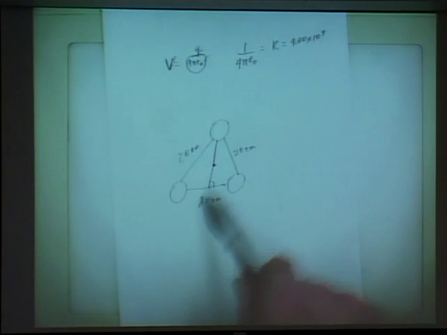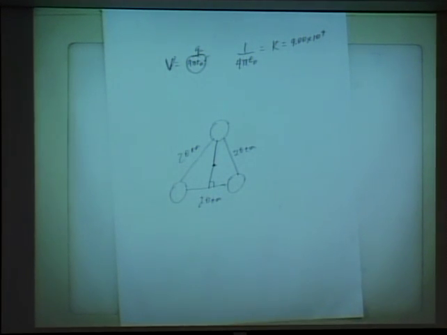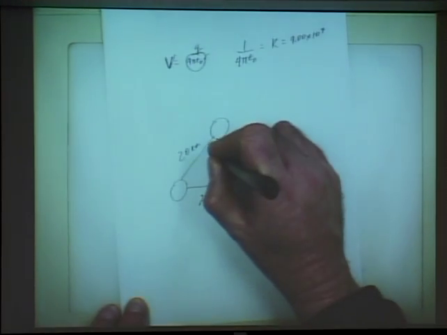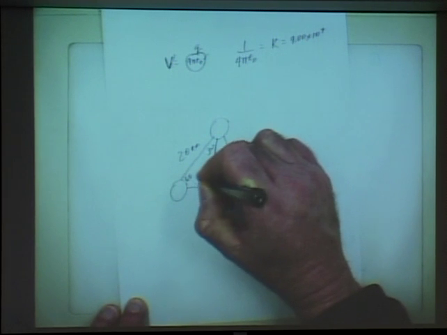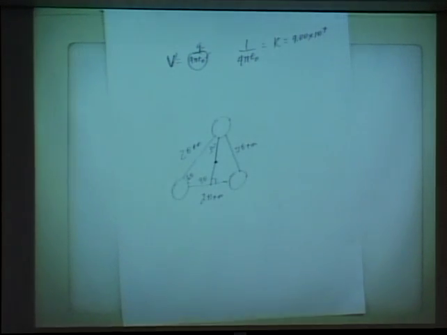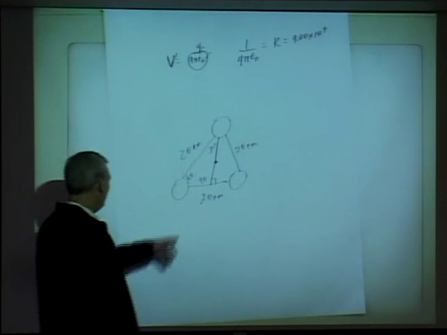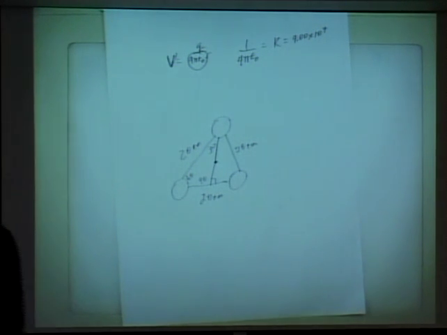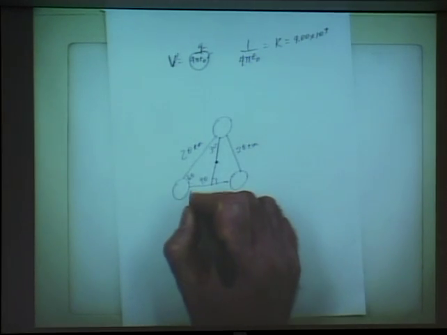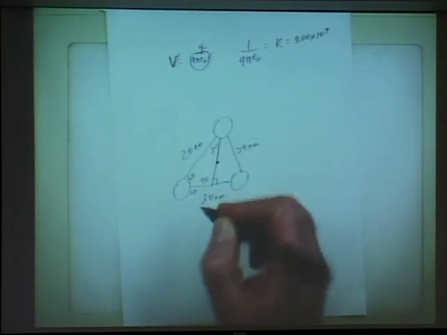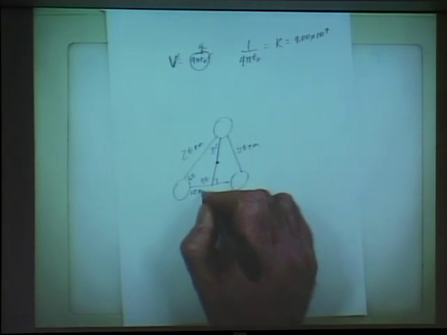What are these angles of an equilateral triangle? They're all 60. If I bisect it, what does it become? Two 30s. So here's 30. This is 60. This is 90. 30, 60, 90. This bisector comes down. This will be 10 centimeters right here. This will be 10 centimeters.